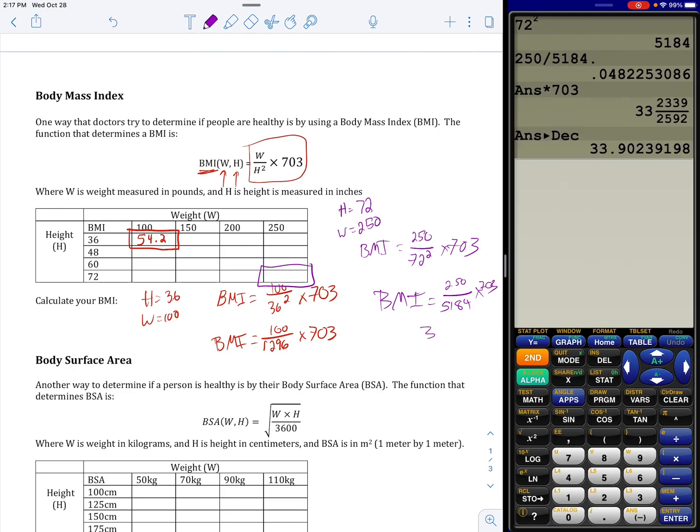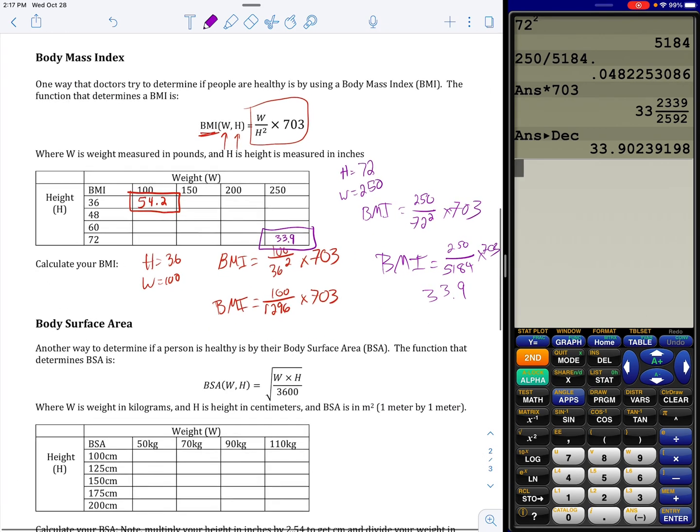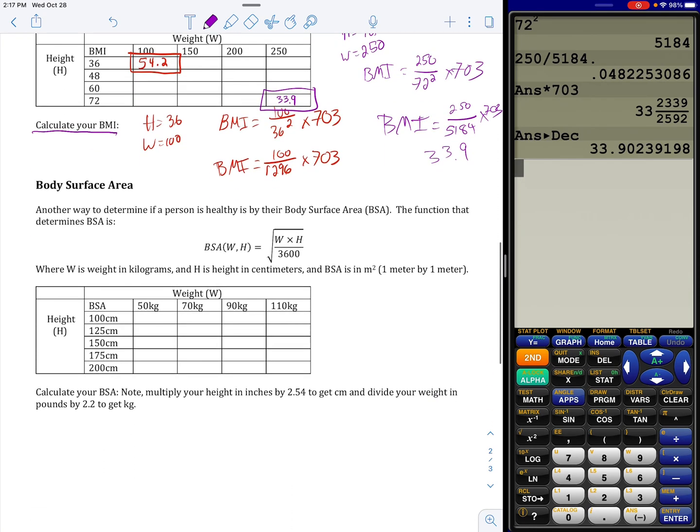We get 33.9. So what I want you to do is to do the rest of this and then calculate your BMI. If you know or approximate your weight and height in inches, you can find your BMI.